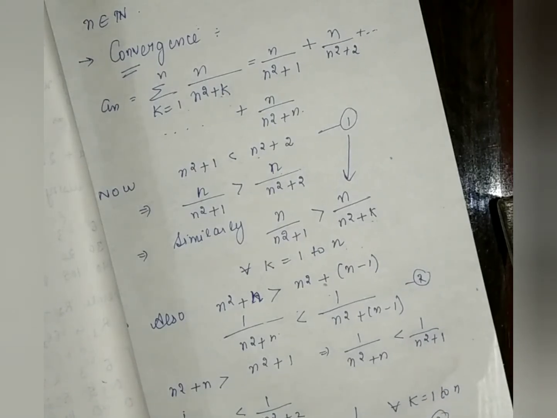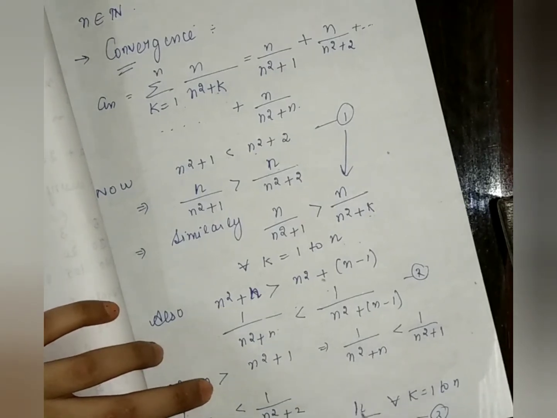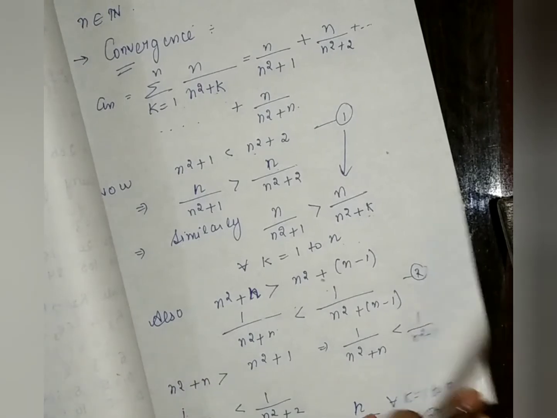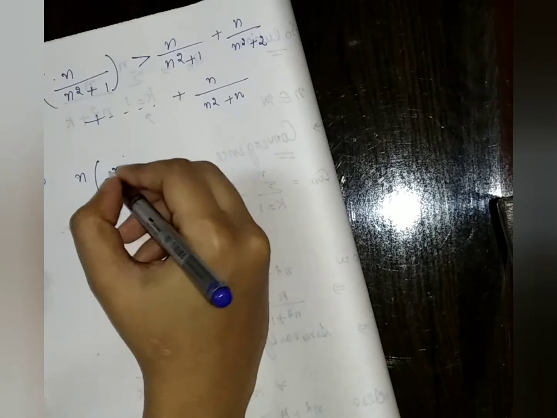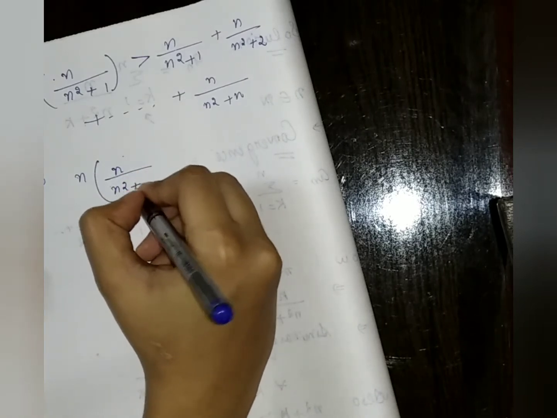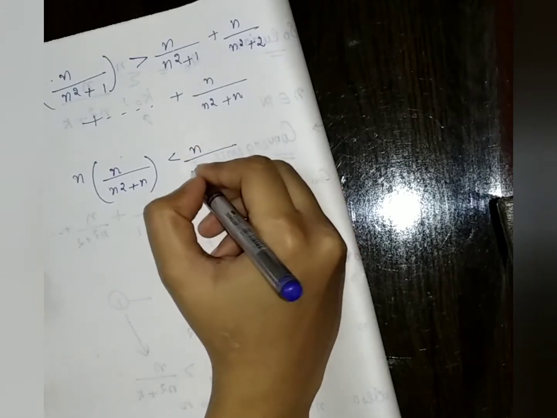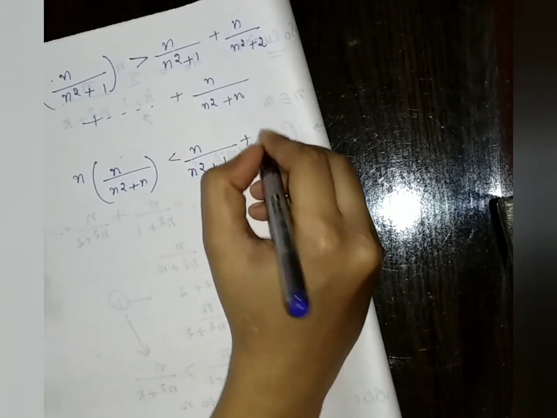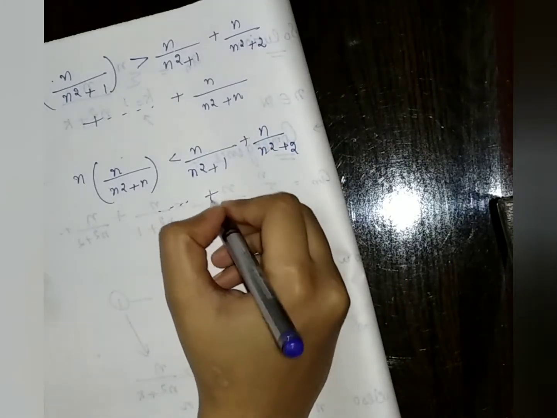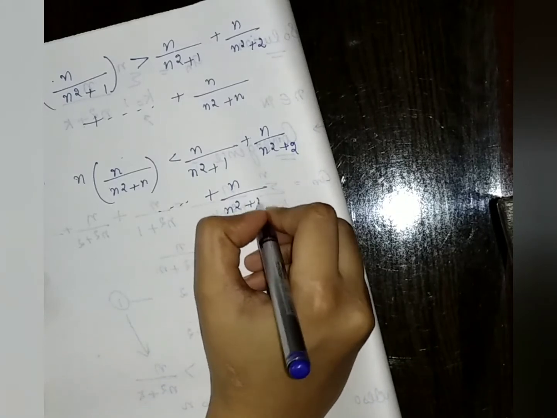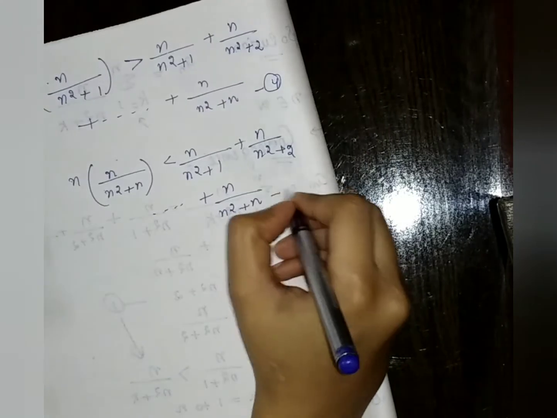We multiply both sides by n, and this becomes n upon n square plus n is less than n upon n square plus k. Now we add those inequalities, we get n times n upon n square plus n is less than n upon n square plus 1 plus n upon n square plus 2 and so on, plus n upon n square plus n. Now this is 4 and this is 5.